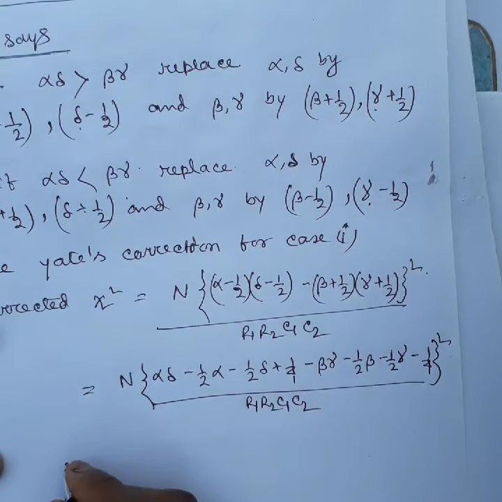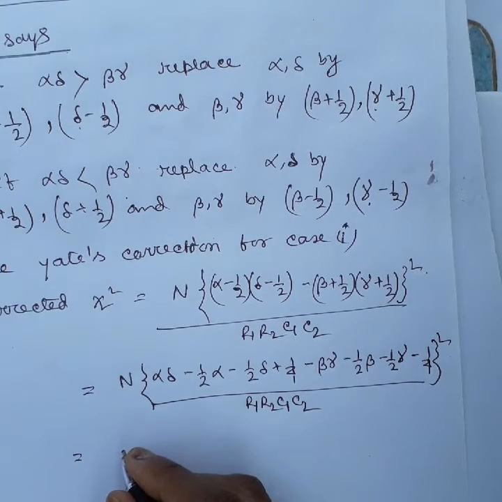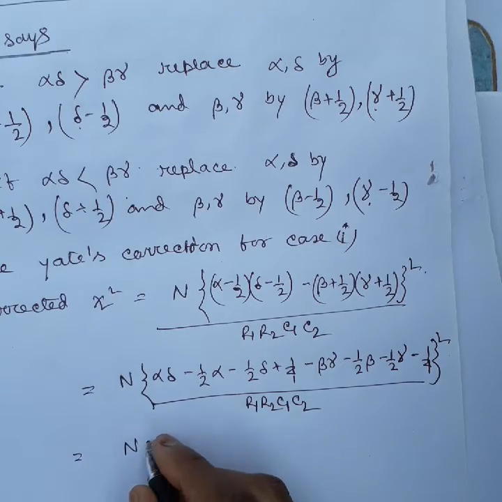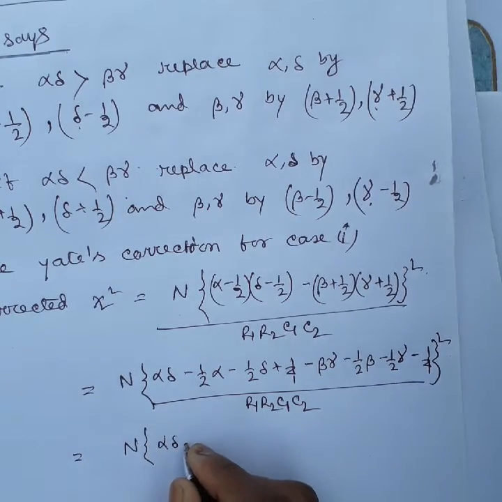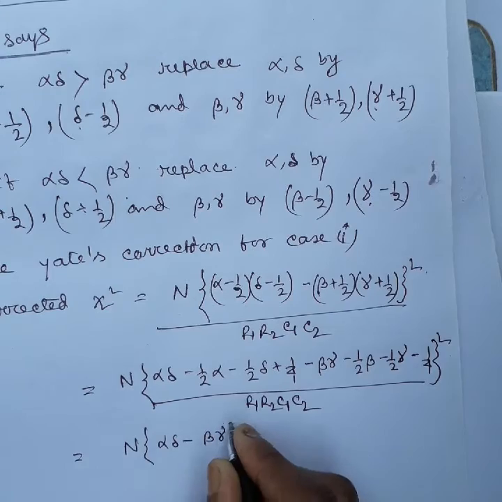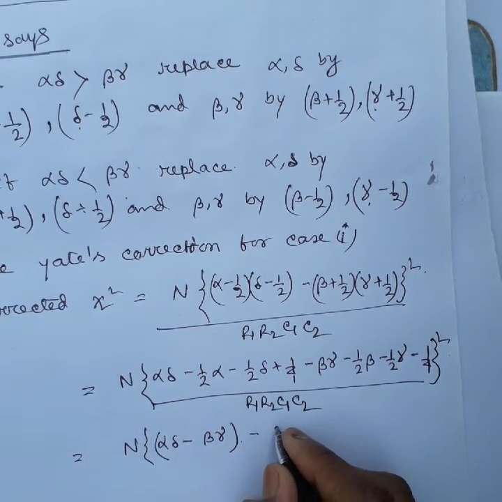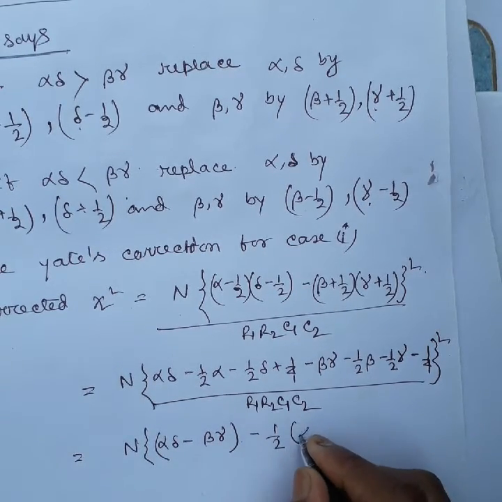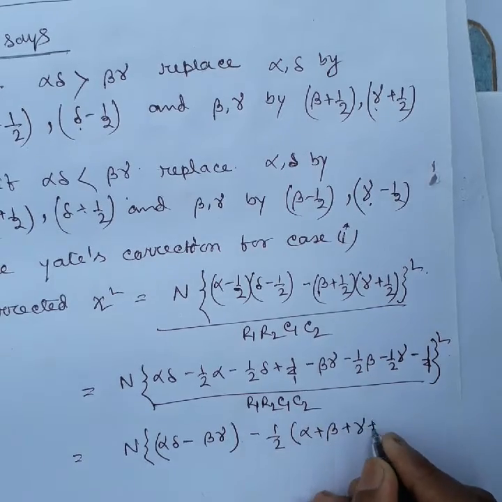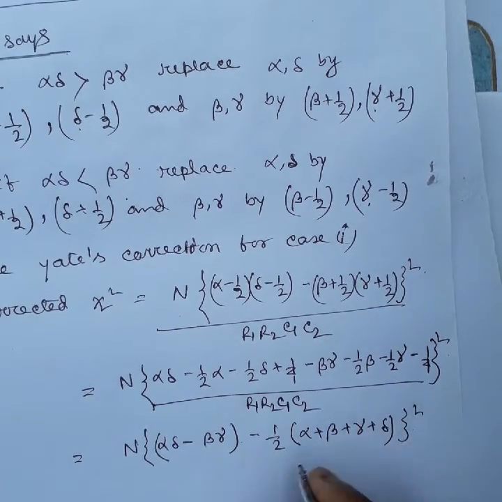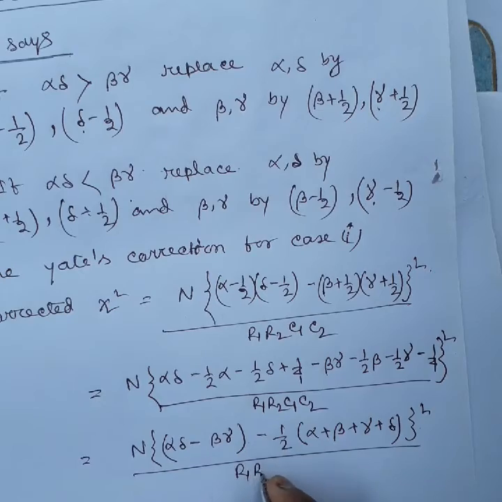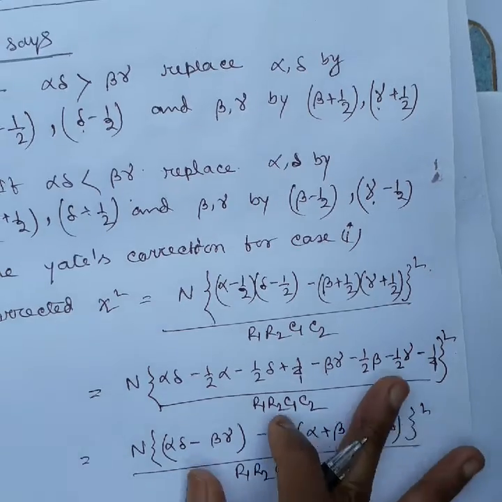Clear? So this is equal to n into alpha delta minus beta gamma minus half of alpha plus beta plus gamma plus delta, this whole square by R1 R2 C1 C2.